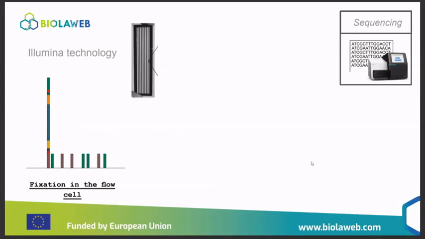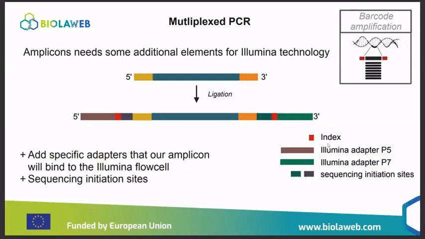And to distinguish the sequences, this one belongs to sample 1, this one belongs to sample 2, this one belongs to sample 3, we add these small sequences that are called indexes. And this index will be specific to one sample.